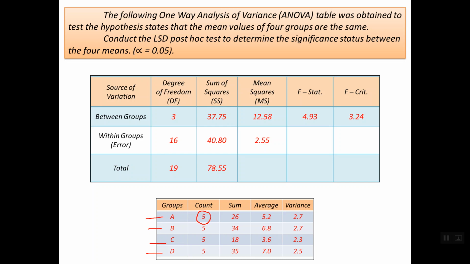And regarding the average for each of these groups, it's already included here. For group A it's 5.2, for group B it's 6.8, for group C it's 3.6, and for group D it is 7.